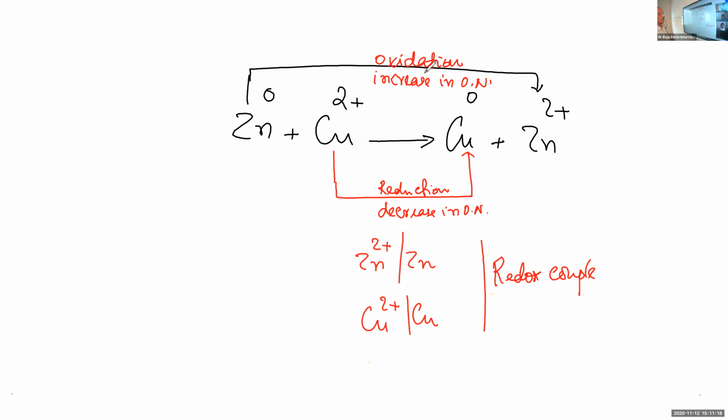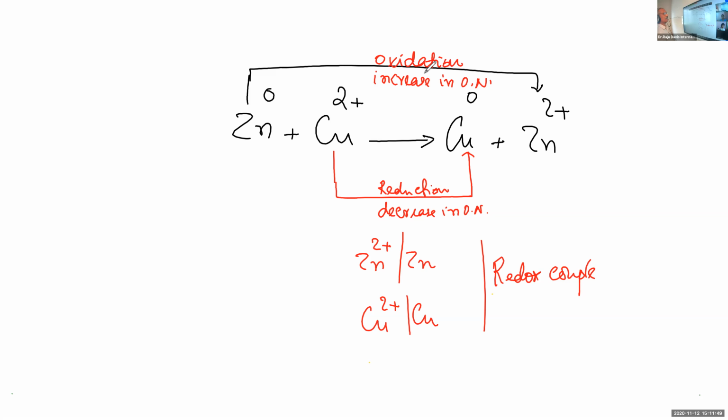So here we have two things: Zn plus 2 and Zn in the first case, and Cu plus 2 and Cu in the second case. There is a couple of the oxidized form and the reduced form, and such a couple is called a redox couple.